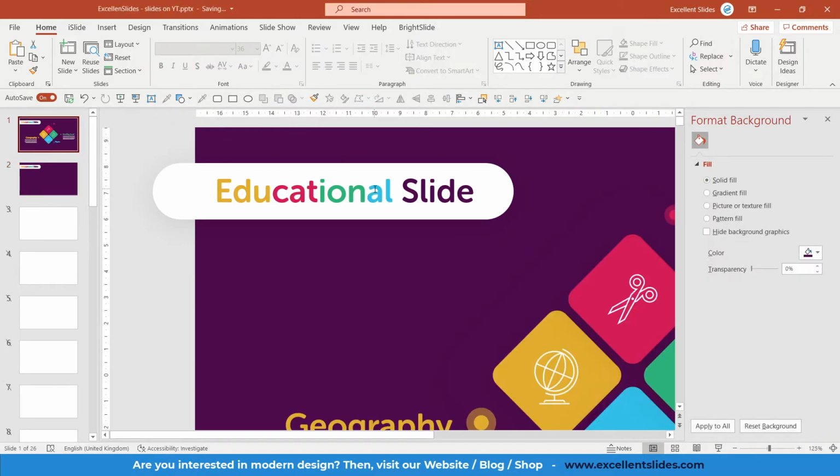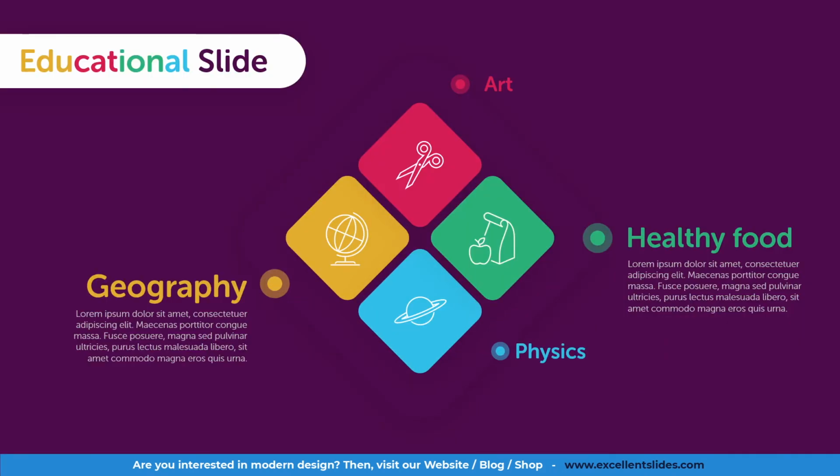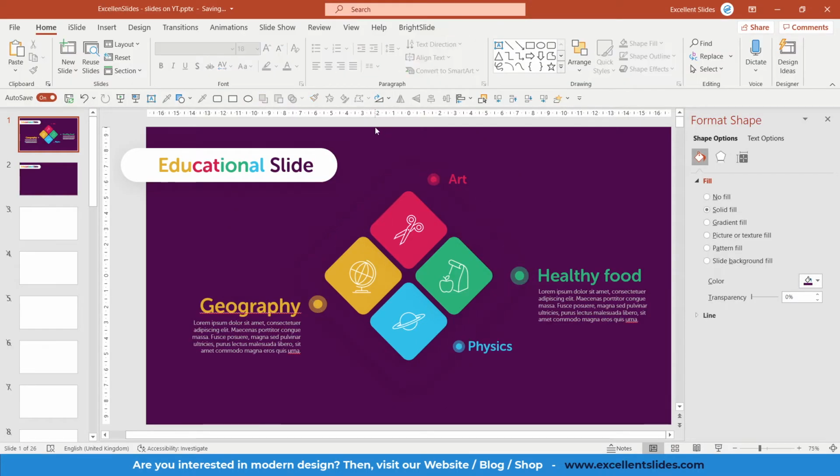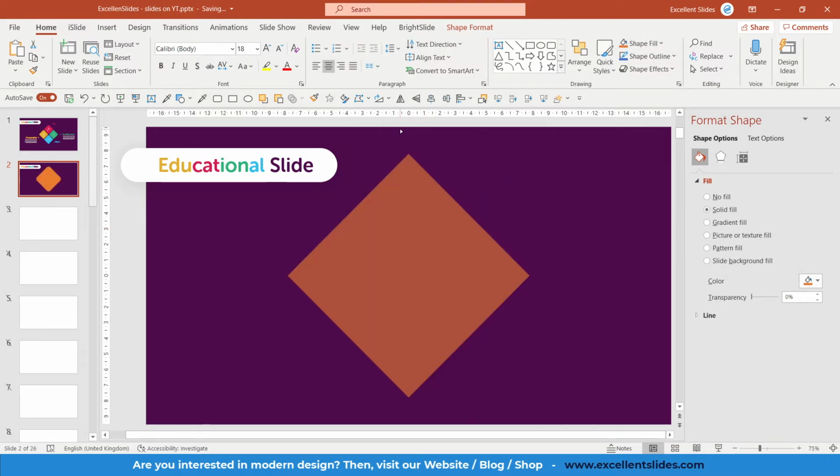Perfectly. So the next thing will be this kind of rectangle. As you can see right here, we have a rectangle that is subtly visible, there is only a shadow. So I will show you how to do it. You have to just insert a rectangle, and you have to just set the roundness of this.